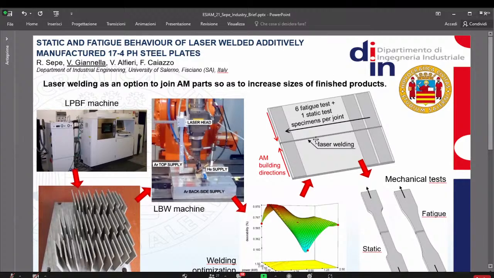Looking at the top right corner of this slide, based on the optimized parameters, we welded 4 plates and we cut specimens from these plates so as to carry out mechanical tests. We made static and fatigue specimens, and we carried out static and fatigue tests on these specimens in our laboratory.